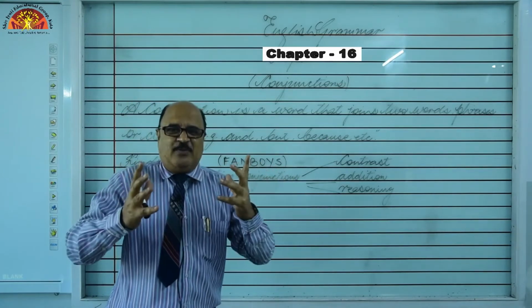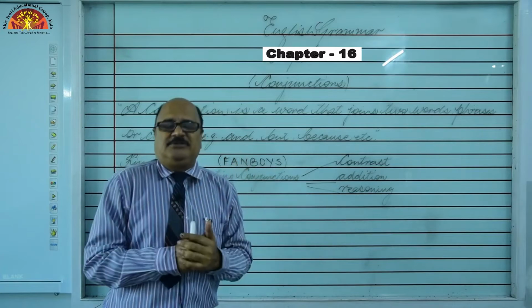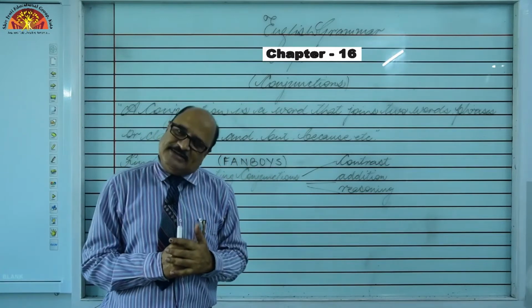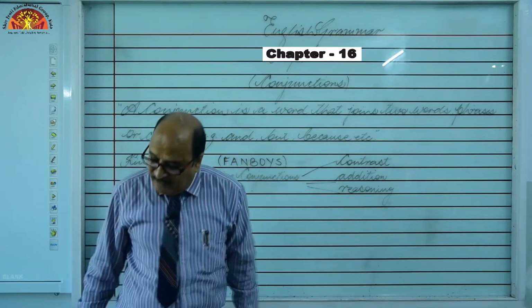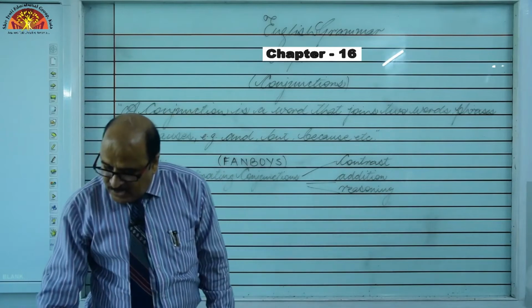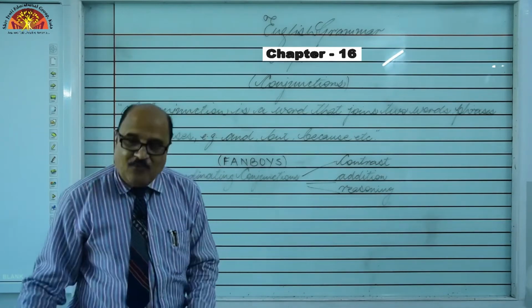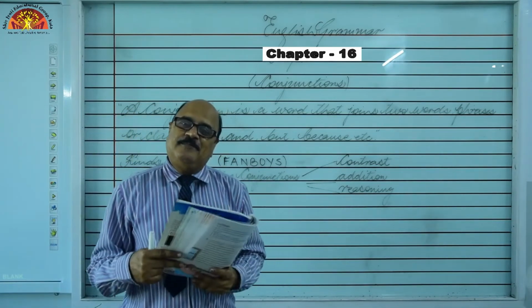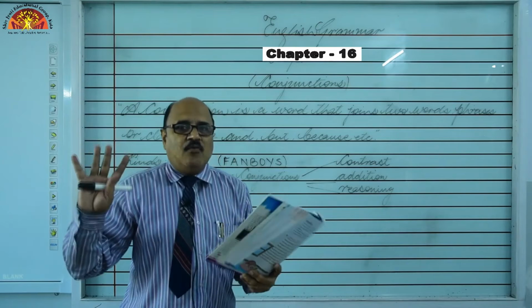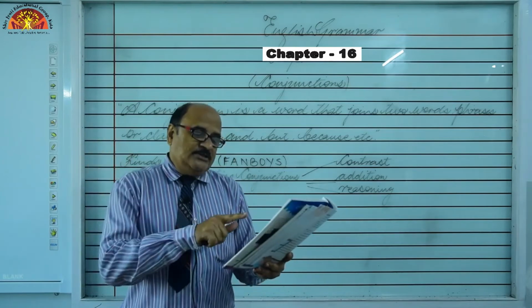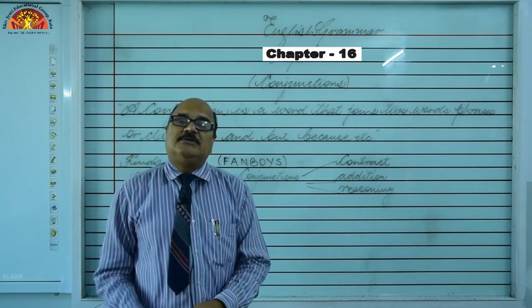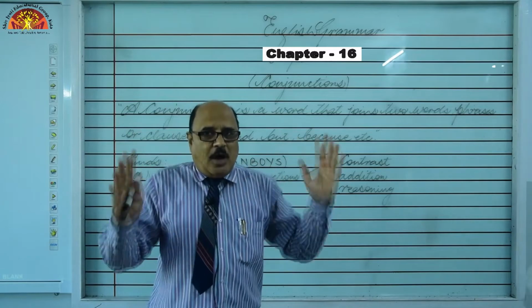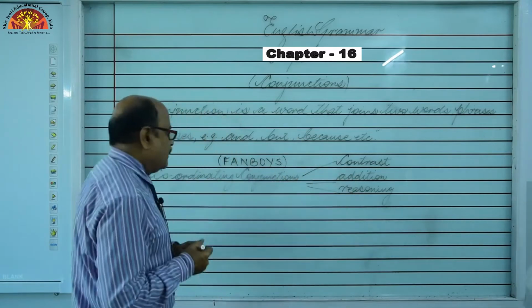Two opposite things have been connected with but, yet. In your book, have a look at the example. Rita's proposal was not accepted. She was not depressed. These are two opposite sentences.